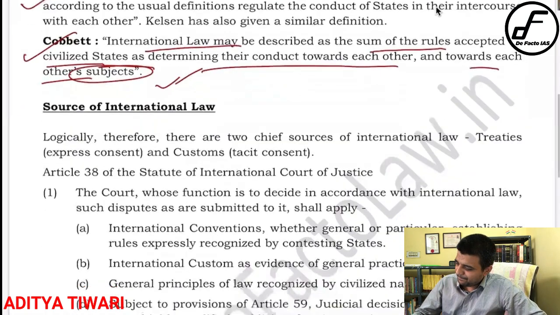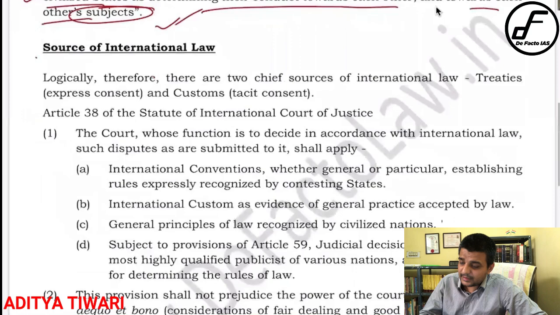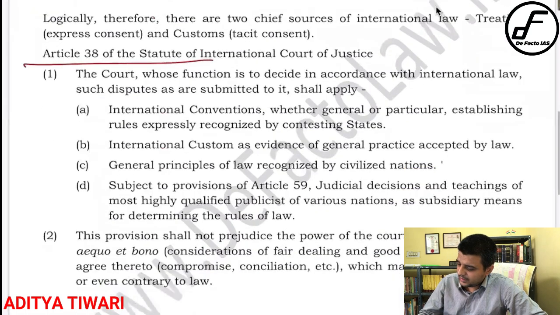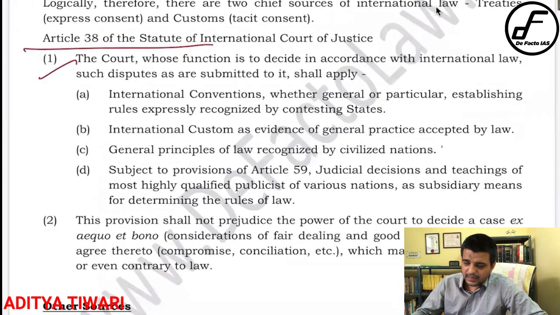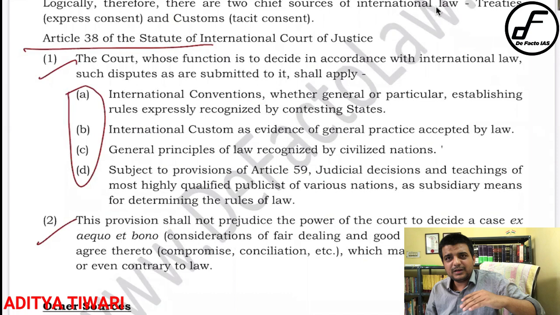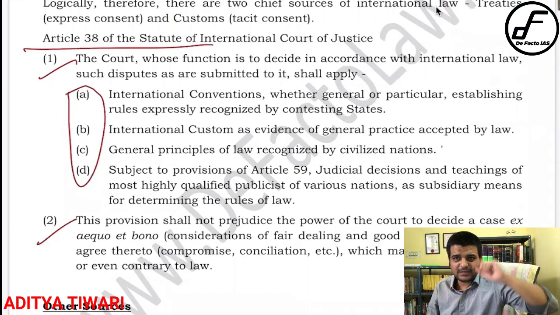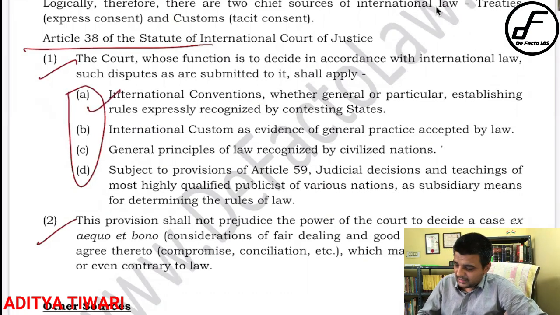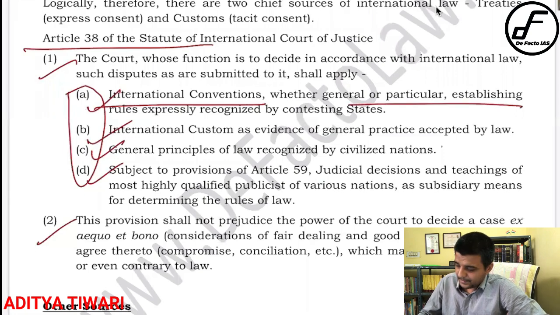Very typical. Article 38. Now, if you look at Article 38, there are 2 clauses. I've already told you that there are 4 important sources of international law. Now these sources, remember, are basically in pecking order. It means that first this will prevail, thereafter this, this and then this. Now what are these sources? You must have studied conventions. It means it is talking about treaties.